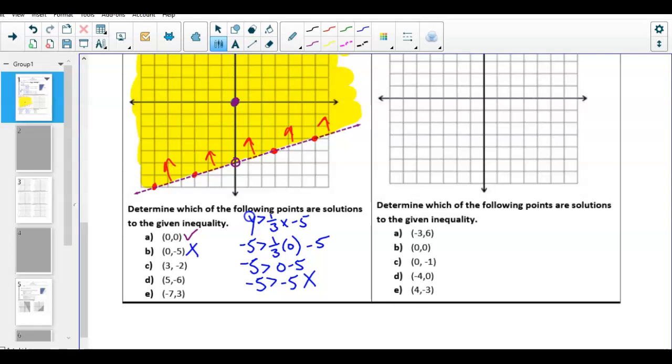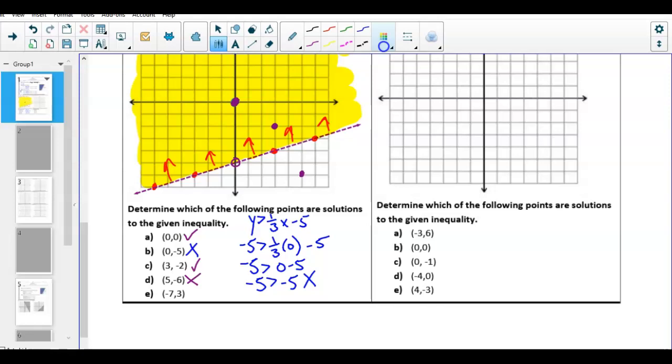Right? Going to the next one, 3, negative 2 is in the shaded, that is a solution. 5, negative 6 is not in the shaded, so that is not a solution.